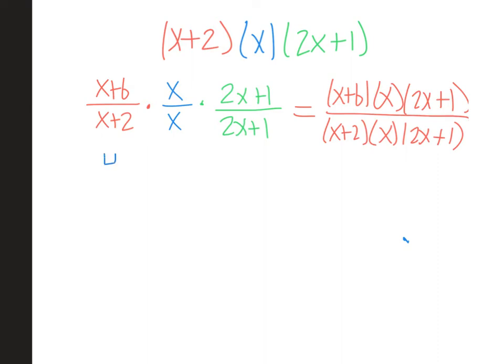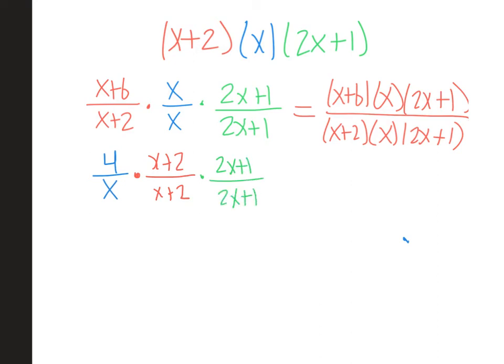So I've got 4 over x, and I've got to multiply that by the other 2. I've got to multiply by the red, x plus 2 denominator, and the green denominator, 2x plus 1. So that's exactly what I've got to do. So I go to red, I've got to multiply by x plus 2 over x plus 2, and then I've got to multiply that by the green, 2x plus 1 over 2x plus 1.